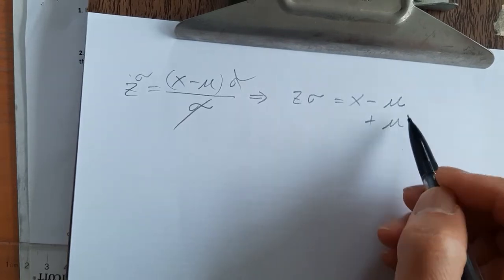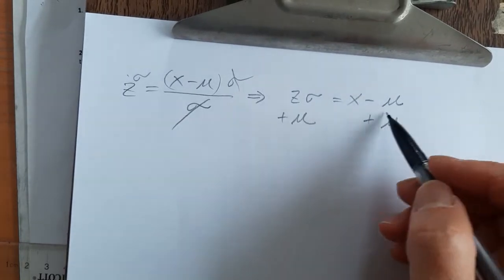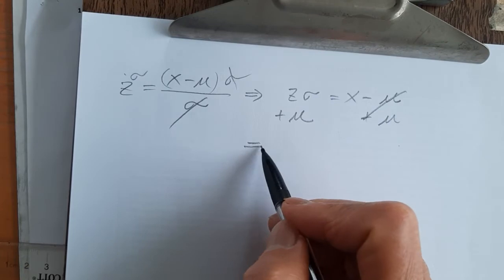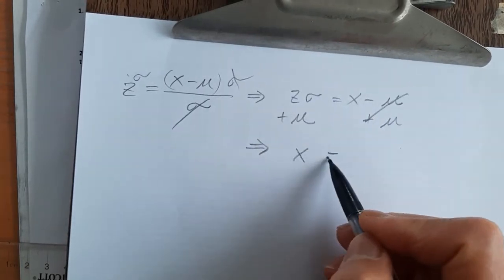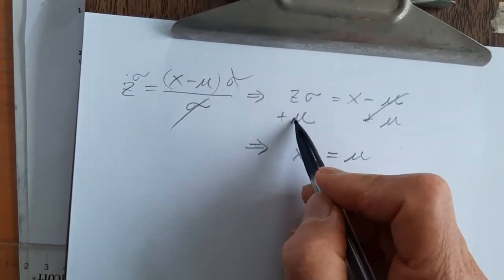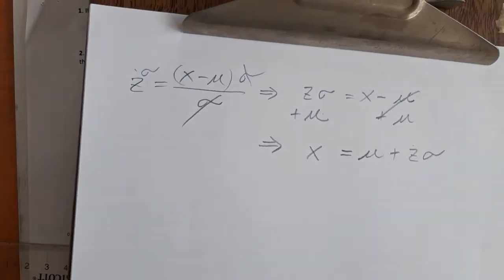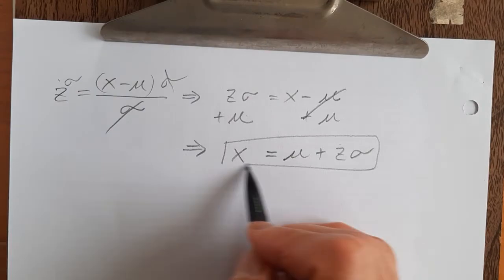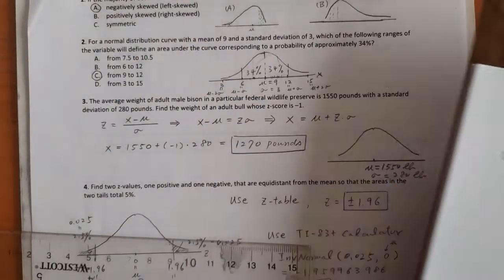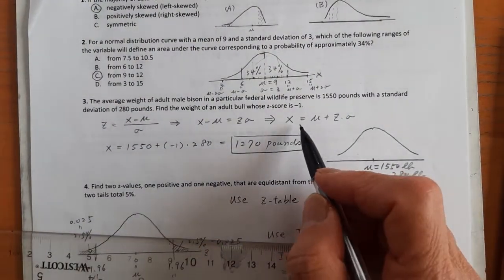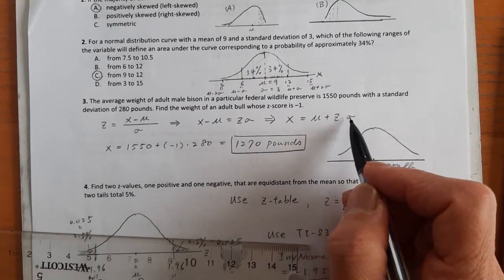Then you add the mean to both sides, and you get x equals mean plus z times sigma. Then you can plug in the figures.